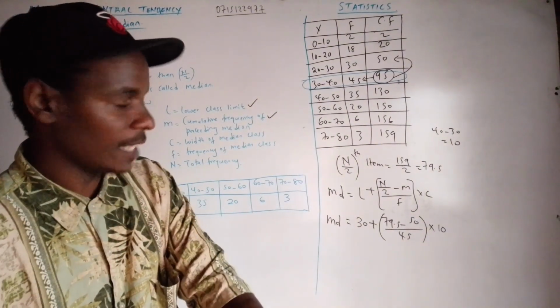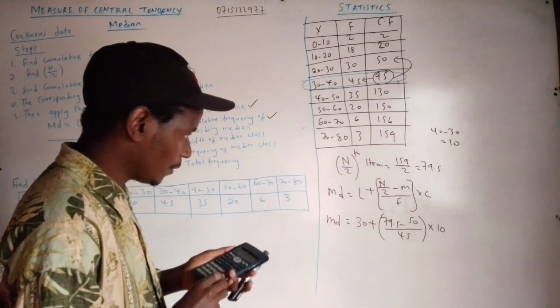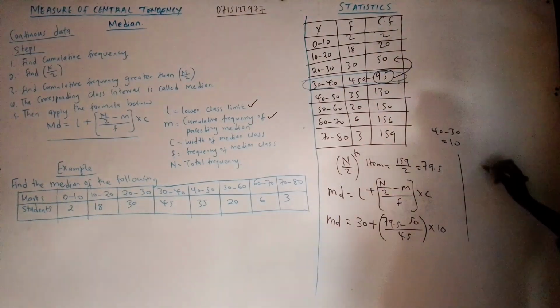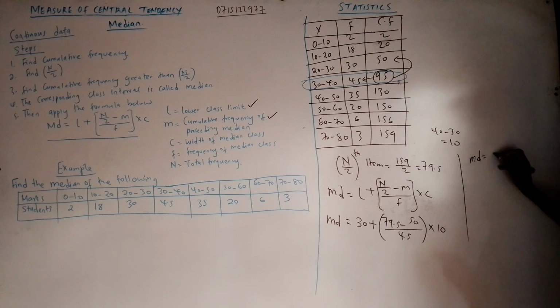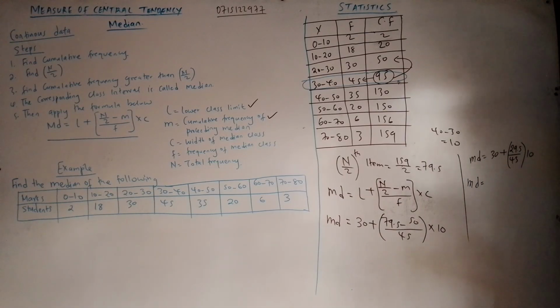So let us do it. MD is equal to 30 plus, 79.5 minus 50, which is 29.5, over 45, then multiplied by 10. So 29.5 divided by 45 is 0.655.